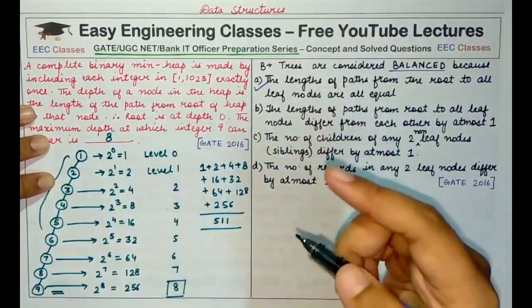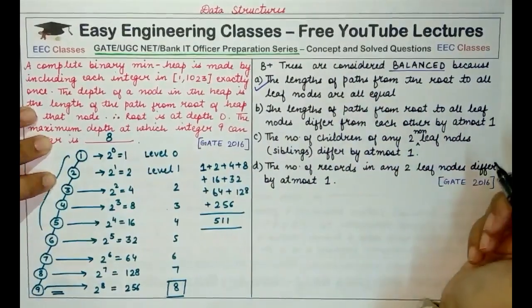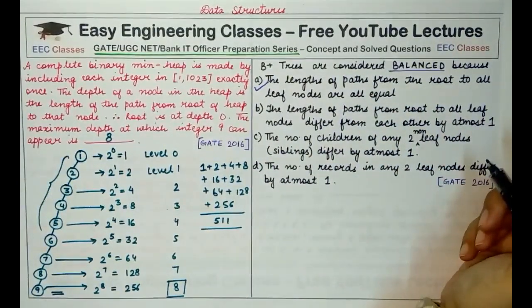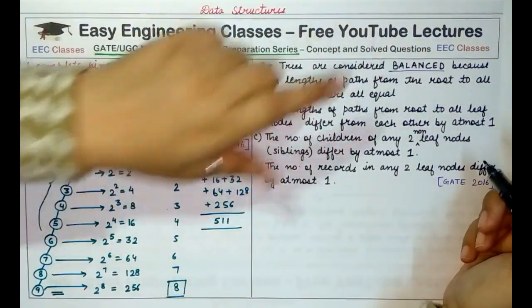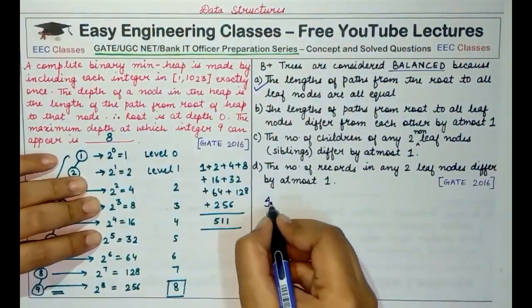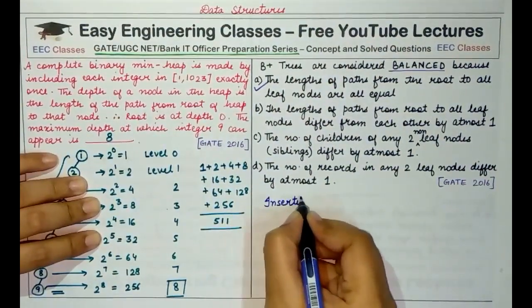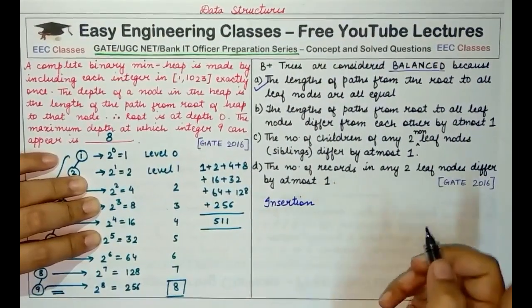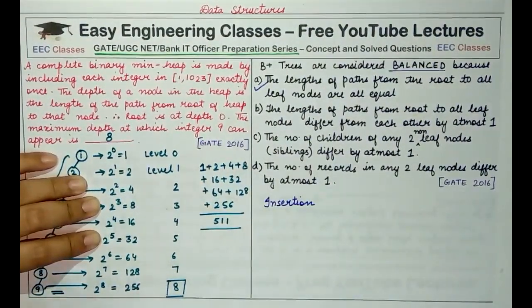Now you must also remember, I always tell you to remember the concept behind various properties that occur in various data structures and other computer subjects as well. So what is the concept and how is this balance property maintained? While inserting or deleting, B plus trees as well as B trees make the root move to a new level instead of making any changes in the intermediate nodes.